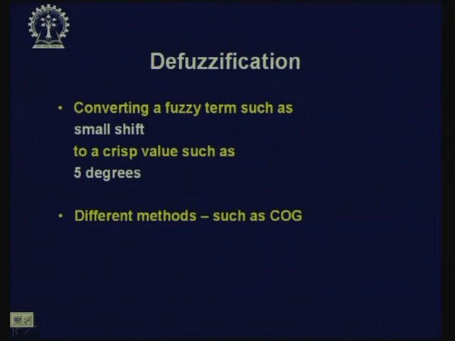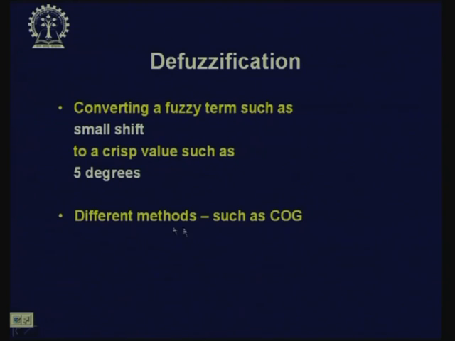Now, a robot arm or some automated machine will have to give the small shift, and then for that you will have to actually command it in some crisp term, say 5 degree, 10 degree, whatever it is. And this process of converting this small shift to a crisp value is known as defuzzification. All right.